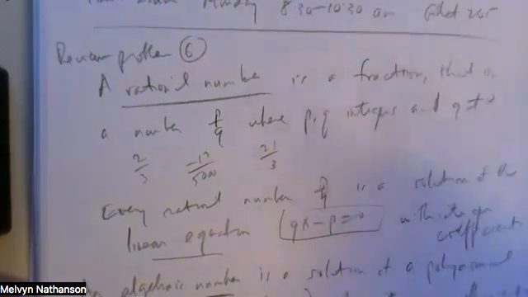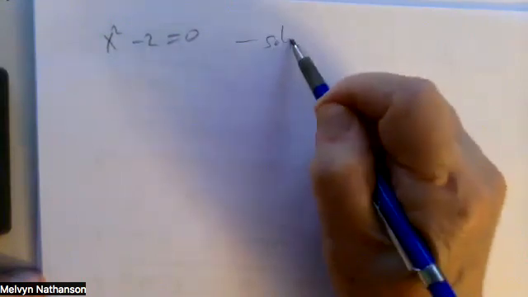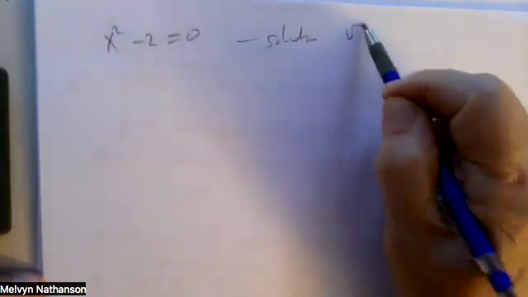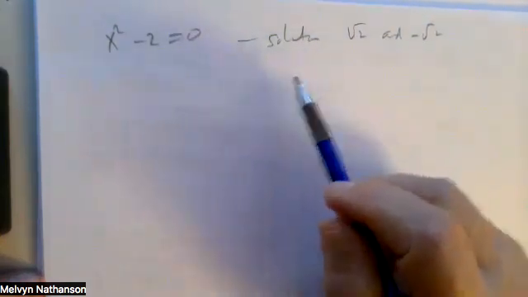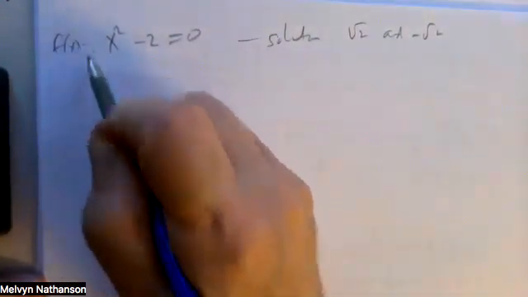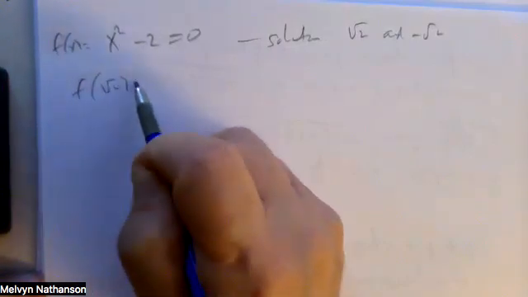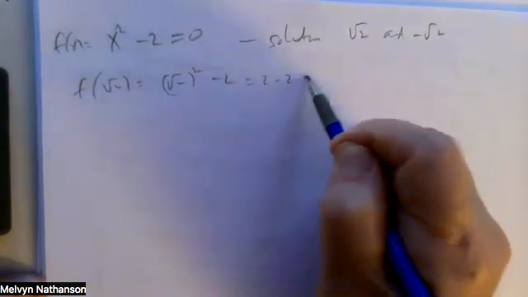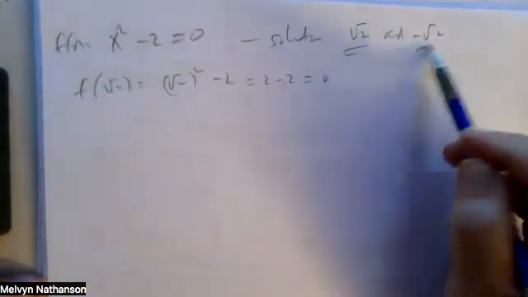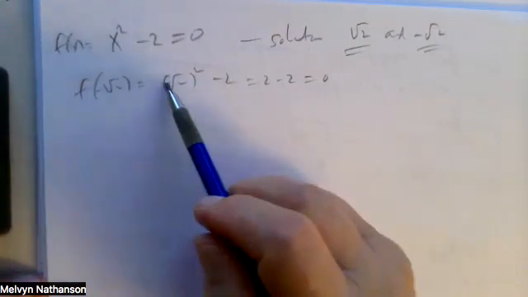So for example, if you take the polynomial x squared minus 2 equals 0, what are the solutions? Square root of 2 and minus the square root of 2. Right, so if we write this as f of x, then f of the square root of 2 is the square root of 2 squared minus 2, which is 2 minus 2, or 0. And the same with minus.